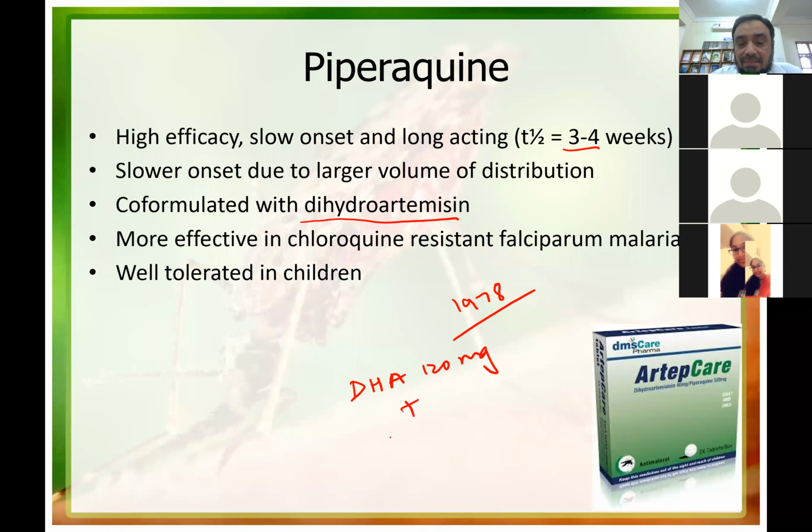Along with that, piperaquine 960 milligram is given. Okay, so the ratio is 8 is to 1. And it is very effective in chloroquine resistant falciparum malaria. And important thing about this piperaquine is it is well tolerated in children, and in children the per kg dose is more, that is 20 milligram per kg dose is there in children in comparison to the adults, because children, they tolerate this piperaquine well.